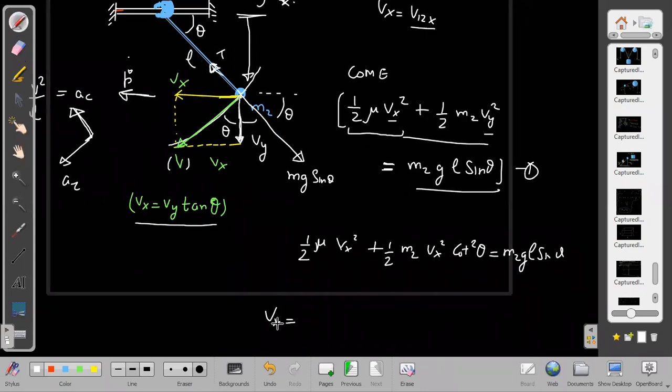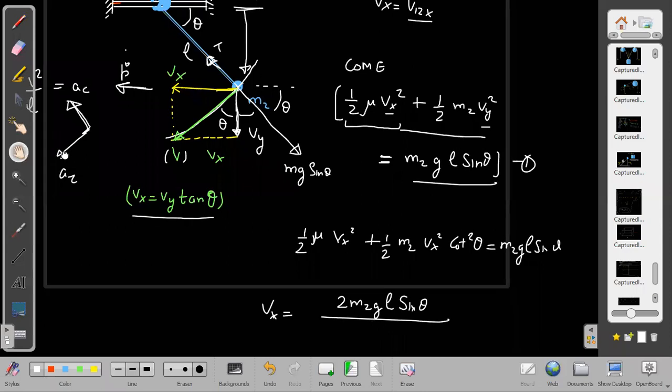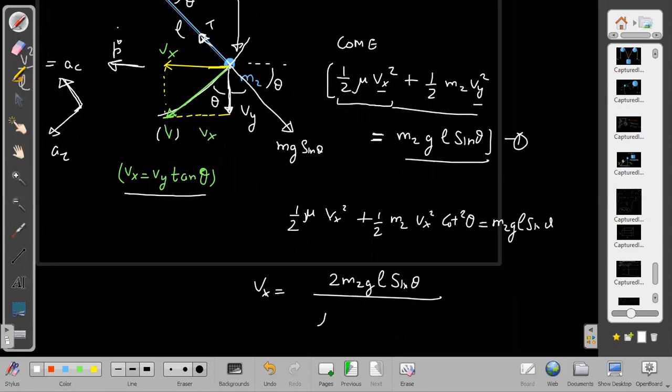Vx is equal to the square root of 2 into M2 into G into L sine theta divided by mu plus M2 into cot square theta, all under the root. I hope I have not done the calculations wrong. Is it right? Right only, I think.